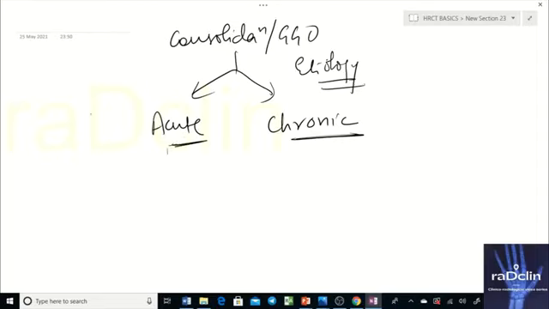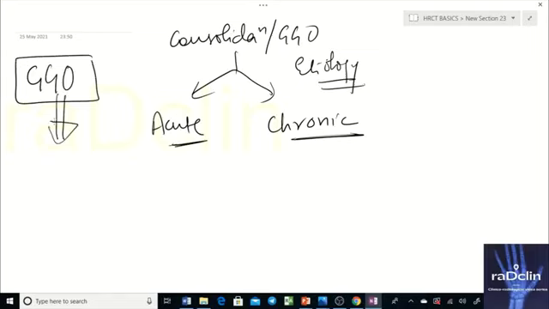Now one more important concept that we need to know about is GGO. What is the importance of GGO? If you have a GGO, what does it signify? Suppose you are dealing with a fibrotic lung disease, and you have GGO there. What does it tell you?